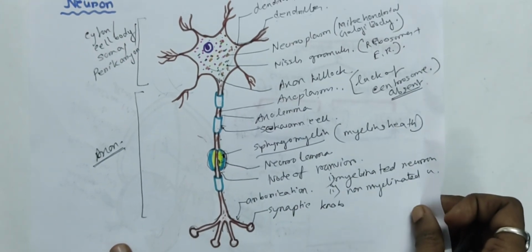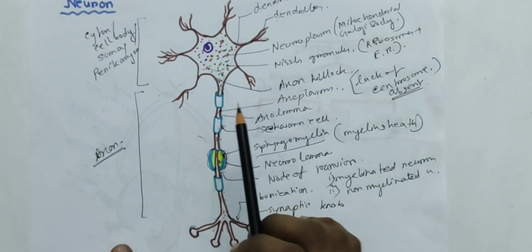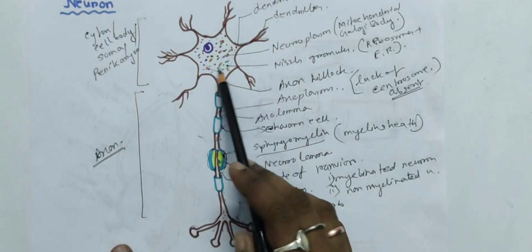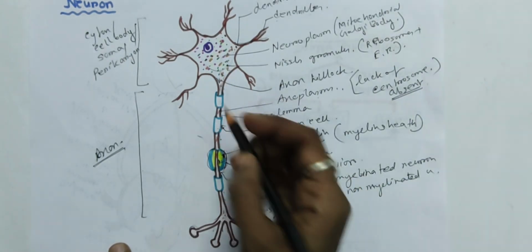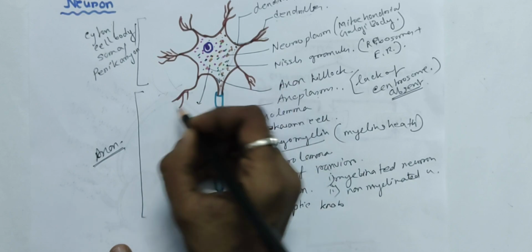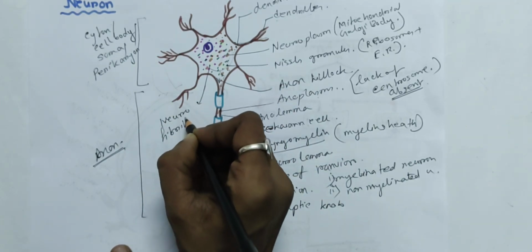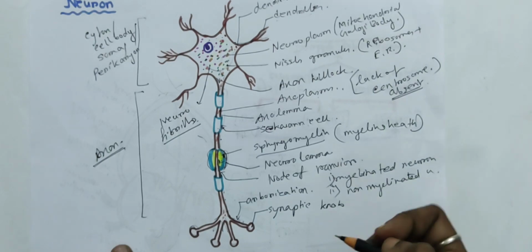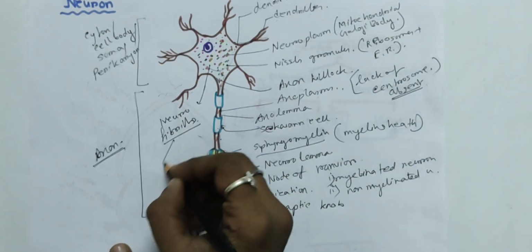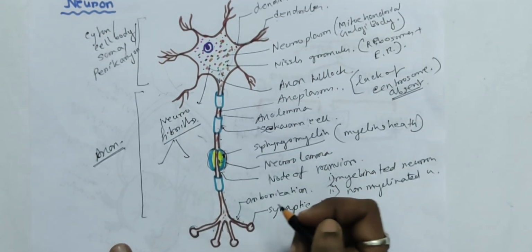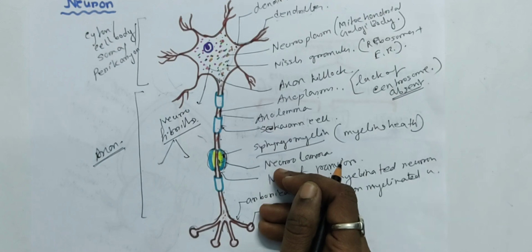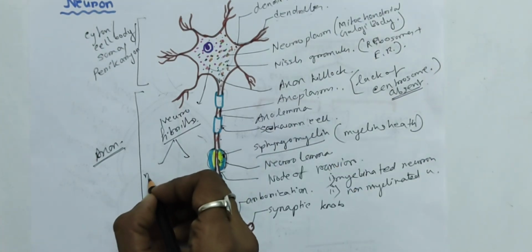Okay, one more very important thing present within the neuroplasm, that is neurofibrils. What are neurofibrils? They are actually made up of microfilaments and microtubules.